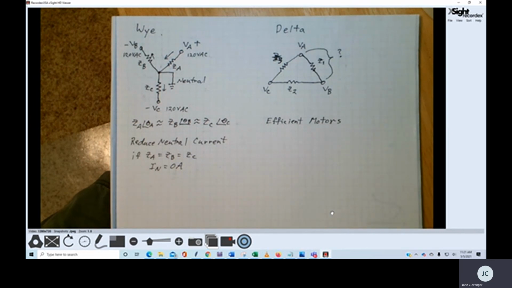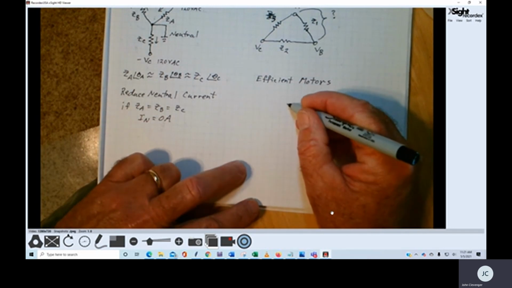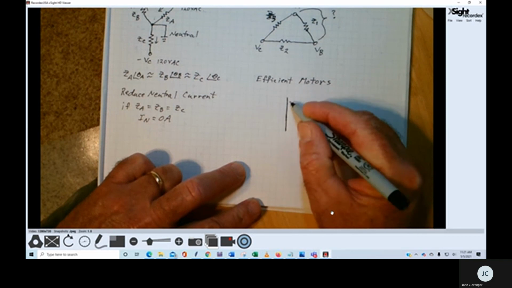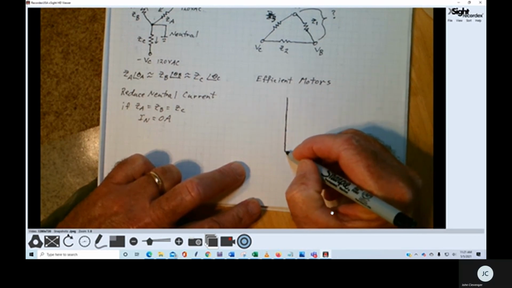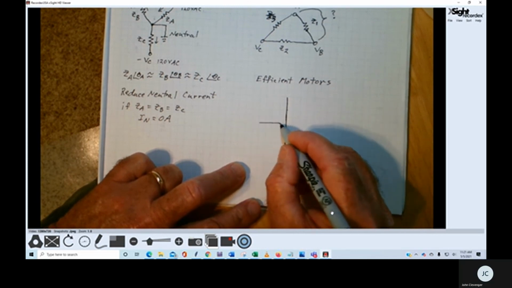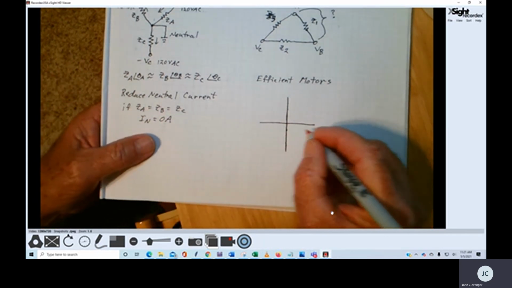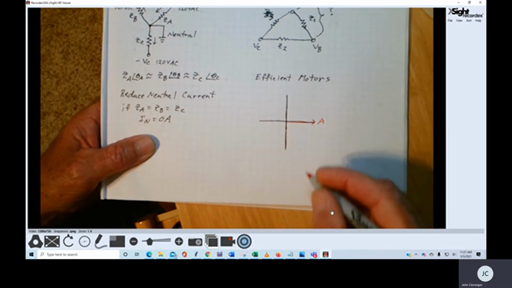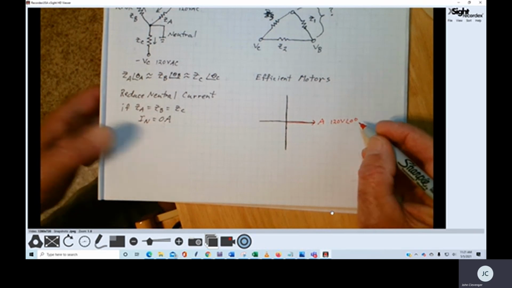So again, what I'm going to do is look at my vector diagram. Here is phase A. It's again 120 volts at 0 degrees.